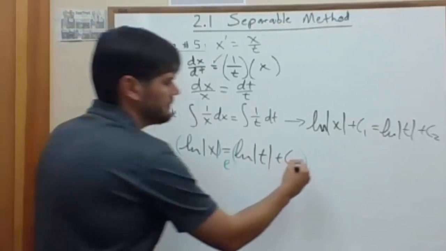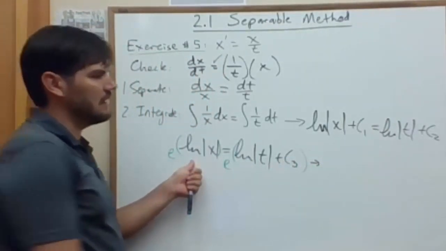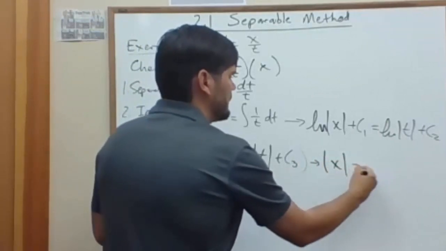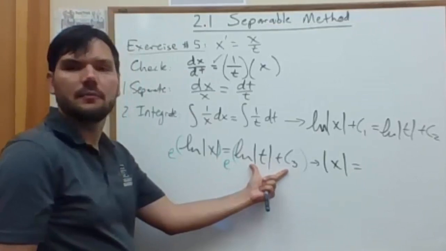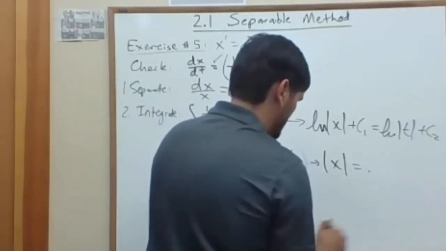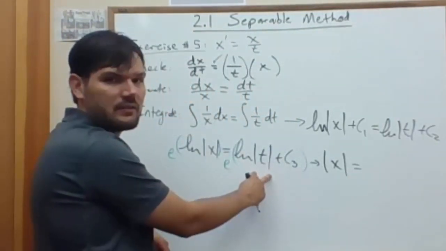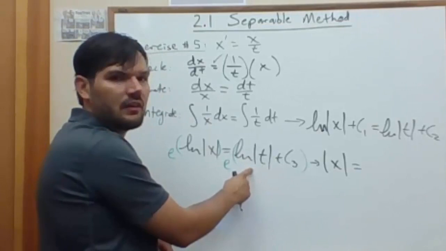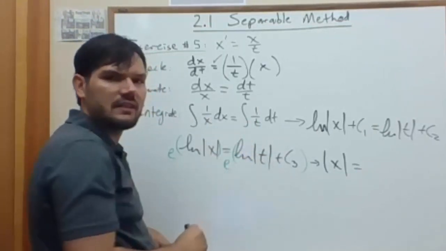When we do that, on the left-hand side, we're left with the absolute value of x. On the right-hand side, we're left with a sum in the exponent, which breaks down into two exponentials. We first exponentiate the log of absolute value of t, and exponentiating the log cancels, leaving us with whatever is left inside the log.